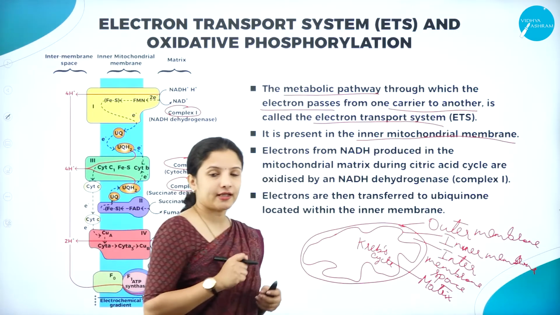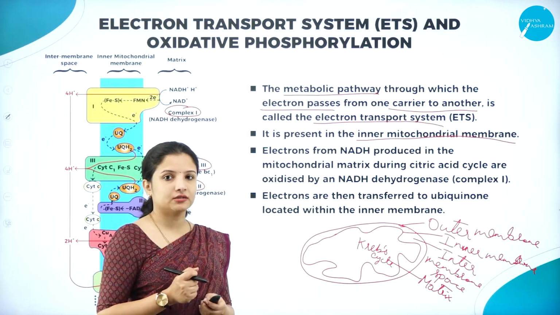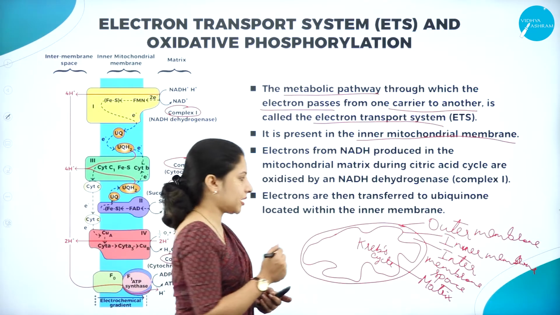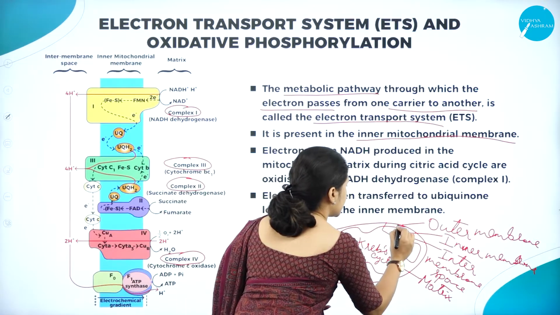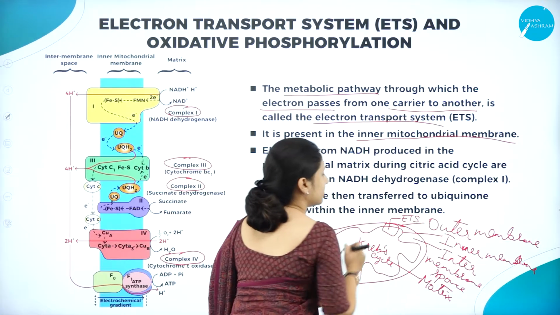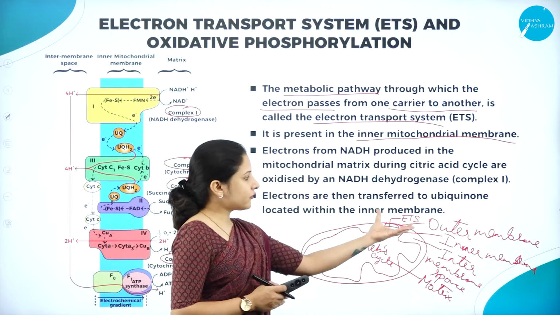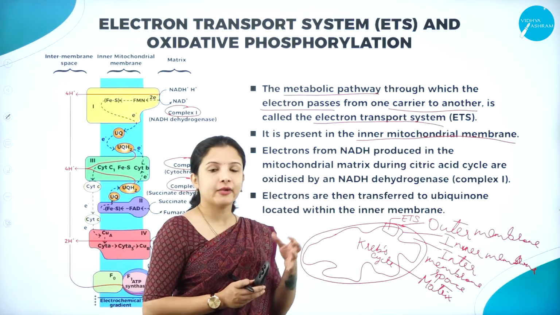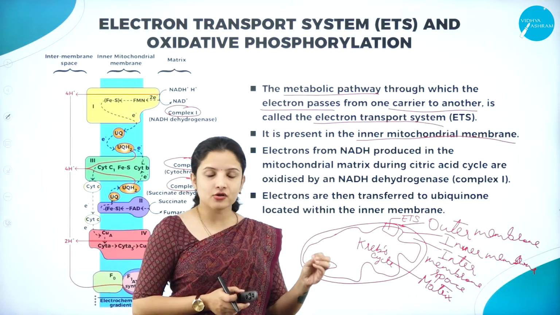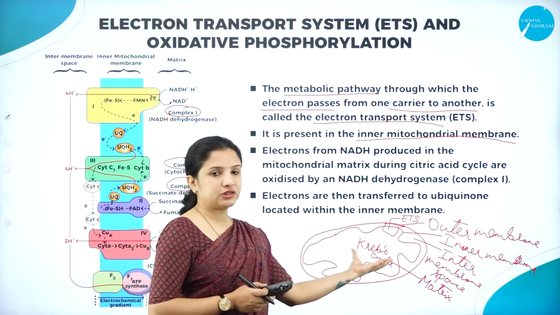So where does this electron transport system occur? The electron transport system actually occurs in the inner membrane. It is in this particular inner membrane region that the electron transport system will occur. For this, electrons are needed. From where will it get the electrons? The electrons are got from the Krebs cycle.